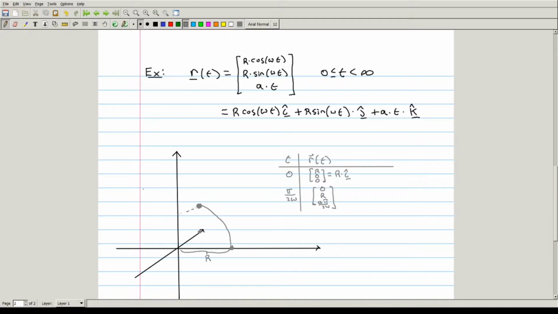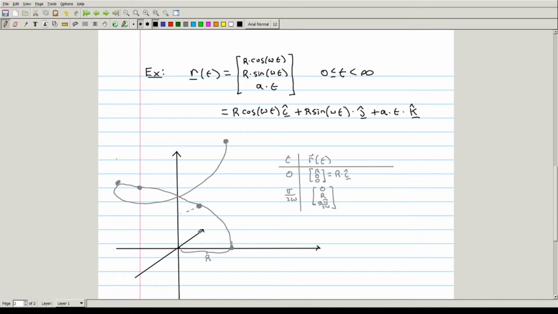And similarly, if you continue to fill out this table, you will get the following sort of picture. Looks exactly like this.